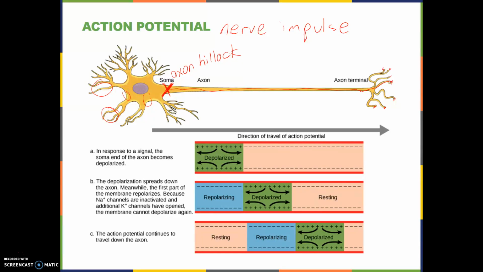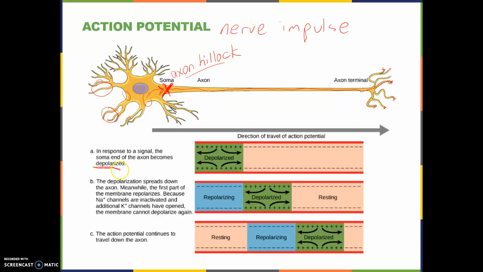But that signal has to be strong enough to cause depolarization at the axon hillock to threshold, like we talked about. It has to cause the voltage at the axon hillock to go from -70 to at least -55.